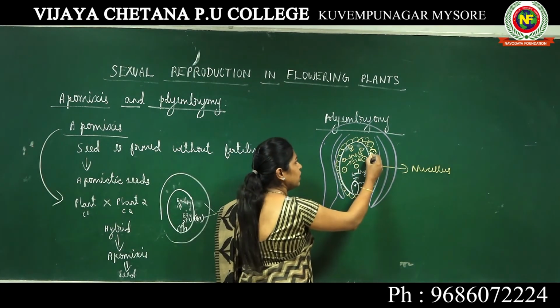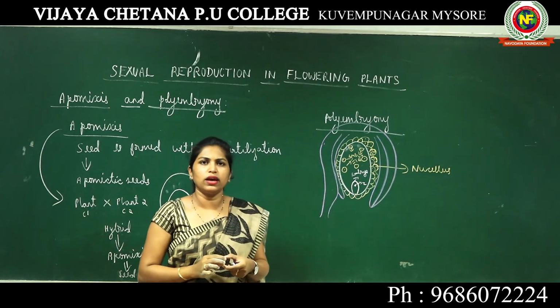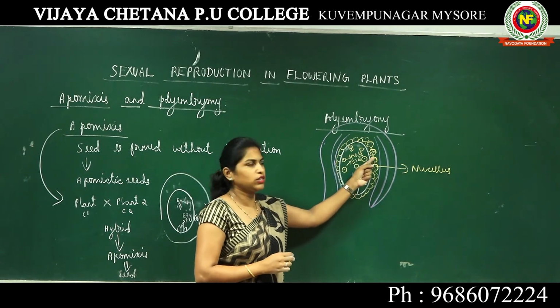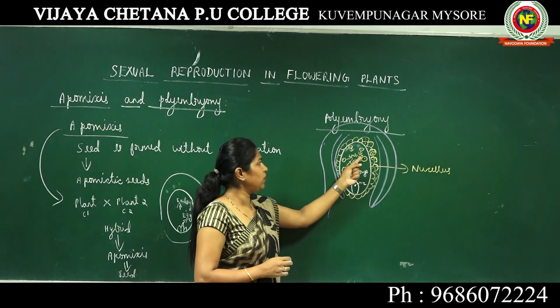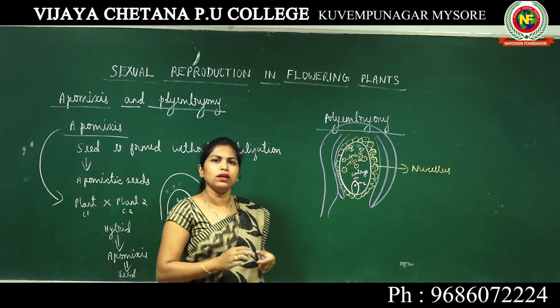Nucellar cells are obviously diploid. They are not haploid because they have not undergone any kind of reductional division. Since they are diploid, they enter the embryo sac and develop into individual embryos.